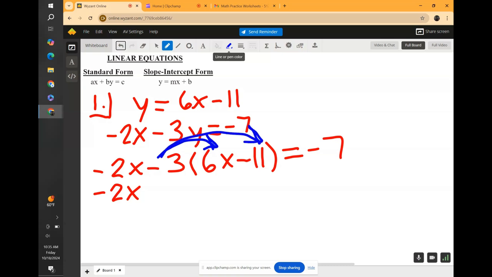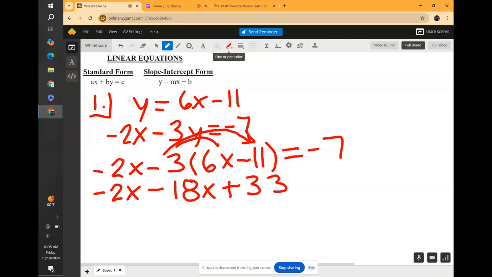Negative 3 times 6x would be negative 18x. And negative 3 times negative 11 is going to be a positive 33. Negative times a negative is a positive. And remember, we still have the negative 7 on the right side. So we got everything multiplied through where it can be.